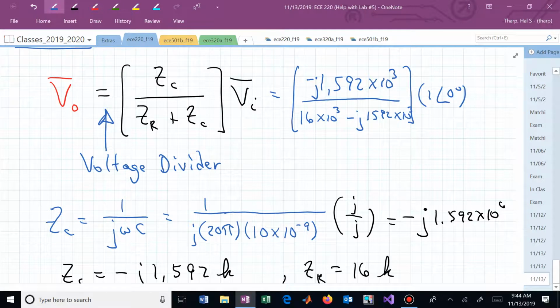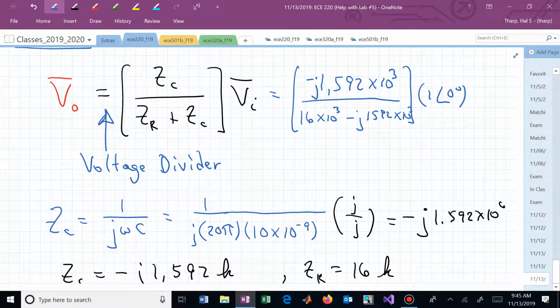Now I have a minus j 1,600 over 16,000 minus j 1,600,000. Do you see that the imaginary parts basically are the only things in that equation on the top and the bottom?